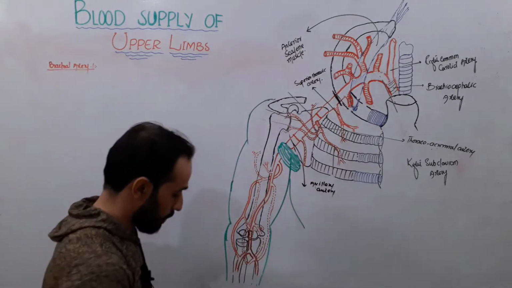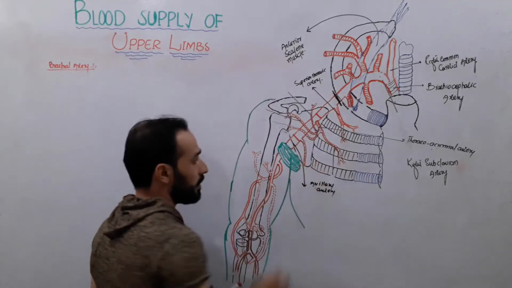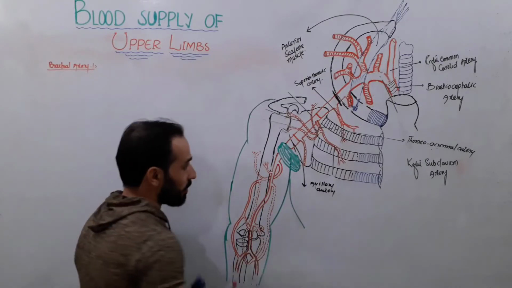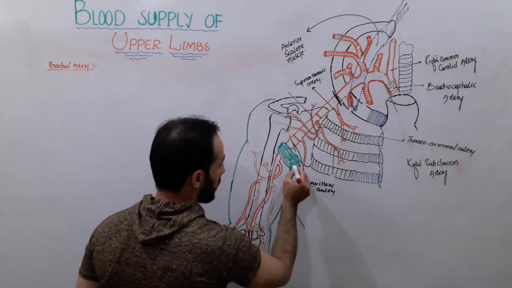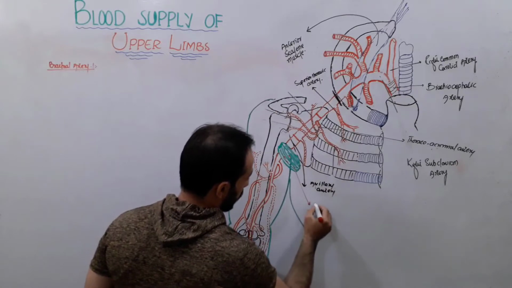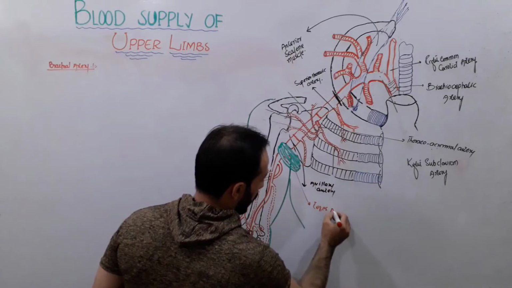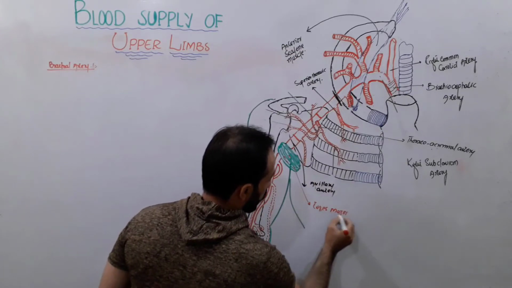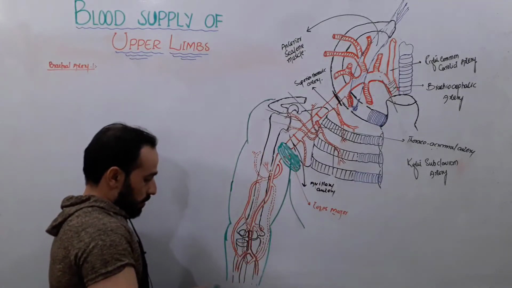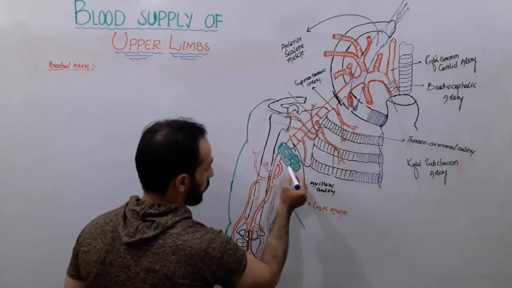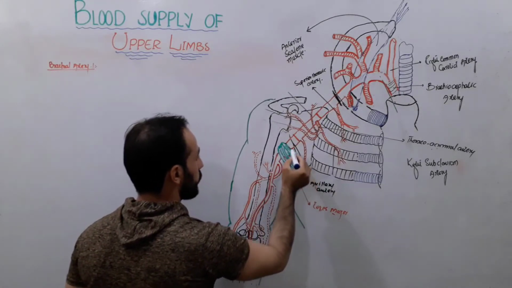Now look carefully. This here is a muscle. Muscles are not green, but for understanding, we have drawn it in green. This muscle is called the teres major muscle. This is its lateral border and this is its medial border.